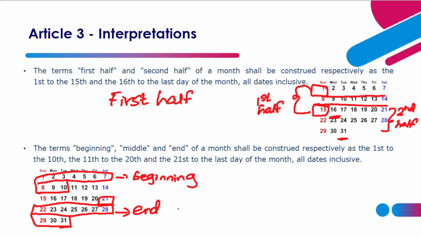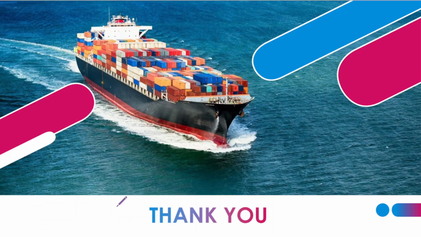Again, as before, the end date is not defined. Why? It could differ from month to month. The only clear dates are 1st to the 10th, 11th to the 20th, and 21st till the last day of the month. I hope it was clear to you.